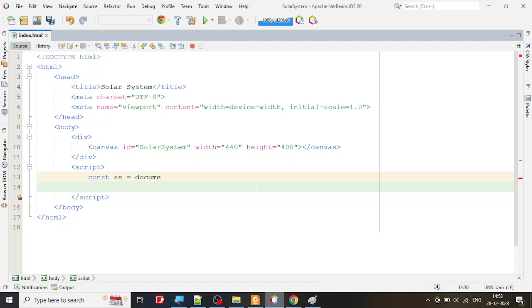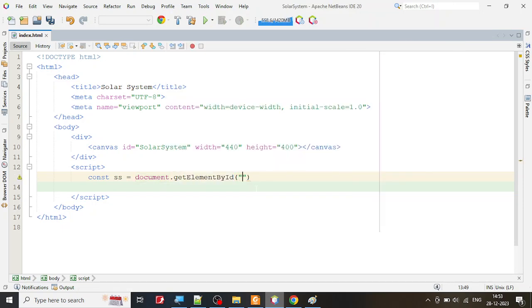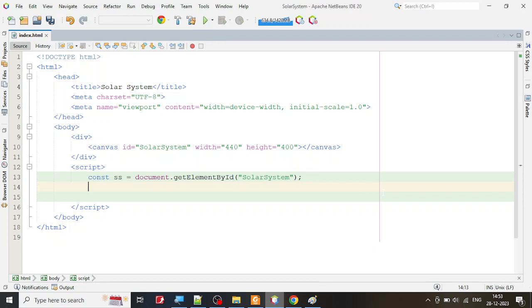I will go to the document object and say getElementById, and the ID that I'm going to use is the ID of this solar system. I'm going to just copy it, Control C and Control V it here so that I won't make any spelling mistake. Then this particular variable SS is going to refer to this canvas.